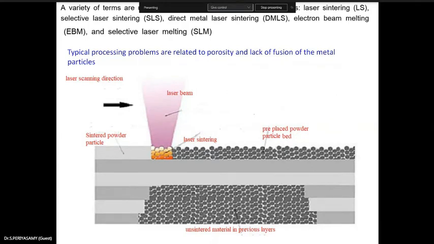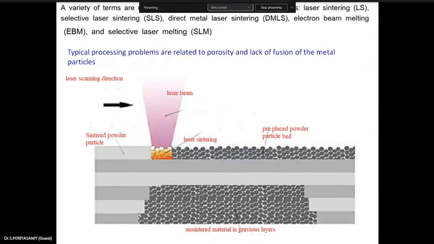So all the field techniques, the laser sintering, direct metal laser sintering, then selective laser sintering, then electron beam melting, selective laser melting, come under this powder bed fusion technologies.